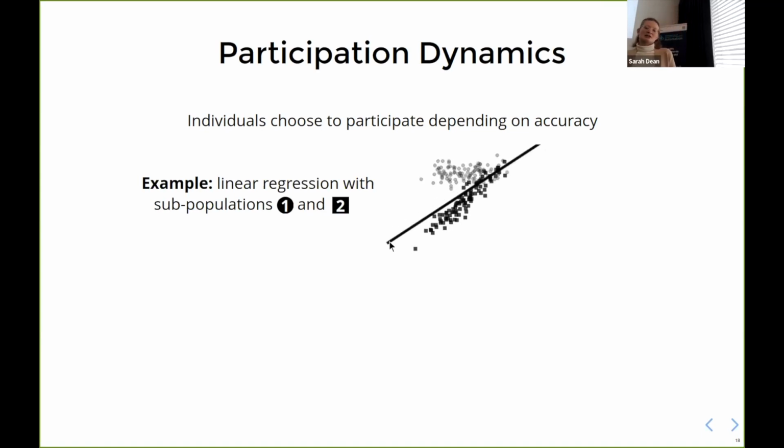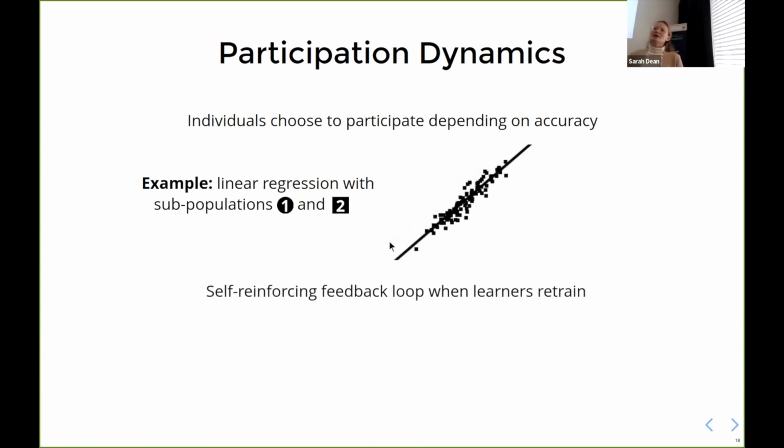But let's say that I maybe start out, or for various reasons, have a lot more participation from that lower population of squares, right, of population 2. Then I will learn a regression rule that favors that population just by doing standard risk minimization, the bread and butter of basically all machine learning. And over time, that will cause the first subpopulation to stop using my system because I'm not really good for them. As a result, there's a self-reinforcing feedback loop between these participation choices and retraining, right?